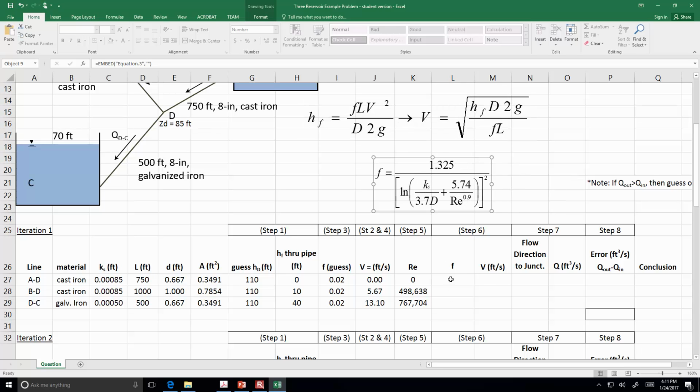All right, so 1.325 divided by the logarithm of the relative K sub S divided by 3.7 divided by D plus 5.74 divided by the Reynolds number, which is K27, to the 0.9 power, and then I square it.